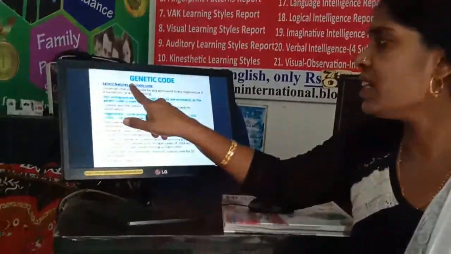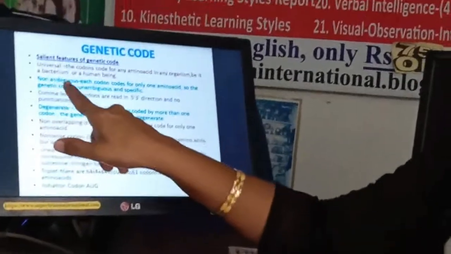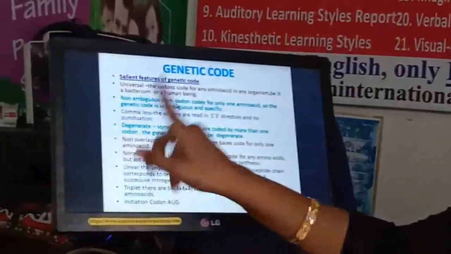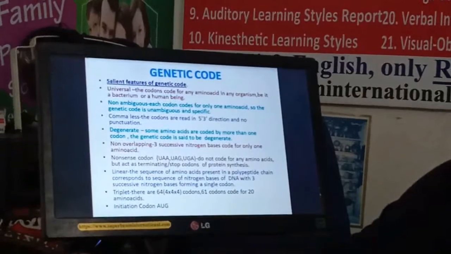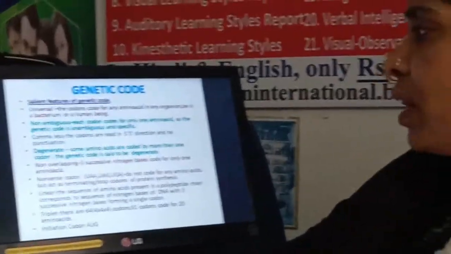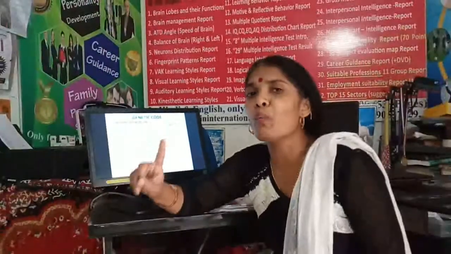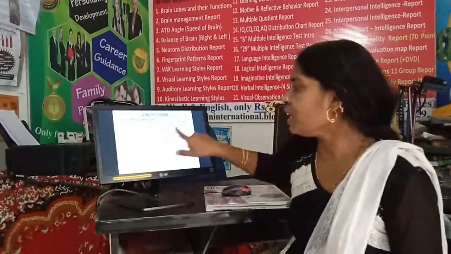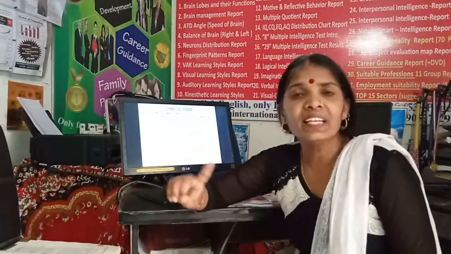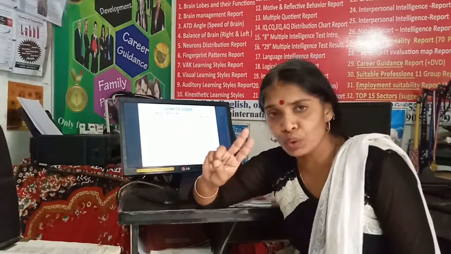The second salient feature is that the genetic code is non-ambiguous. Non-ambiguous means what? Only one codon codes for one amino acid. We have seen that 61 combinations are there. In that, no codon codes for two amino acids.